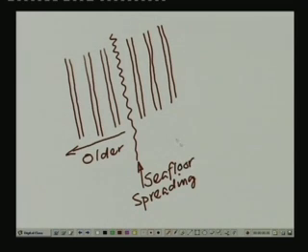So what it is actually, if you go on either side of the spreading center, on the line where the sea floor is spreading apart, you will see what geologists found in the 1950s: the sea floor becomes older as you move away from the center of sea floor spreading.